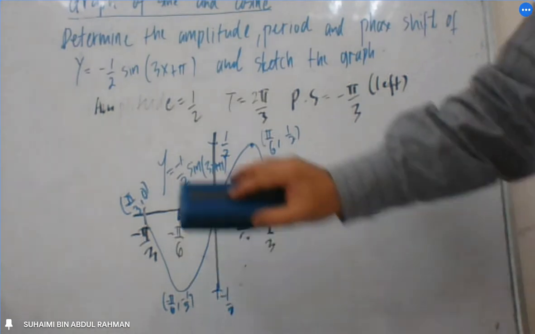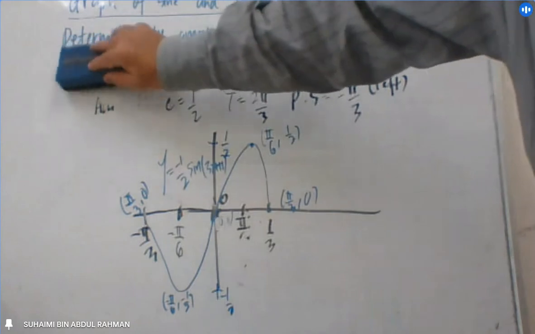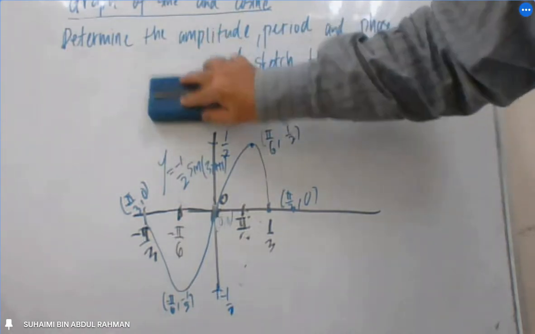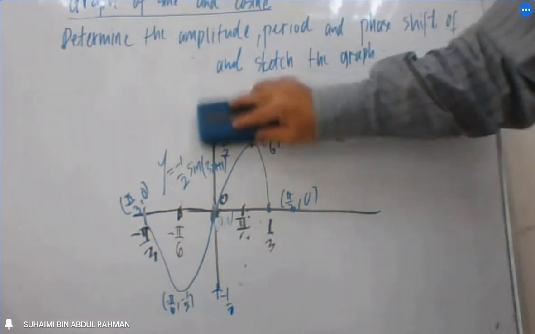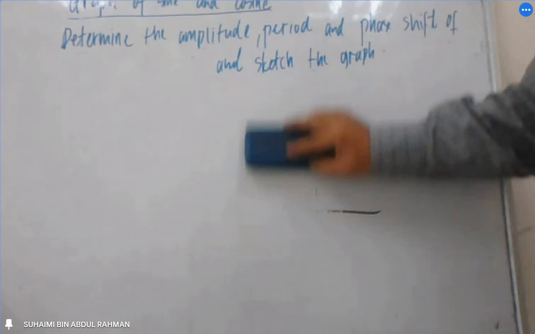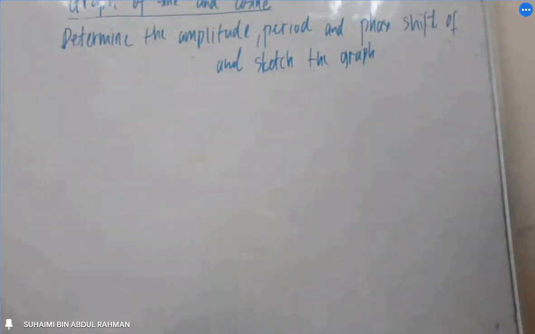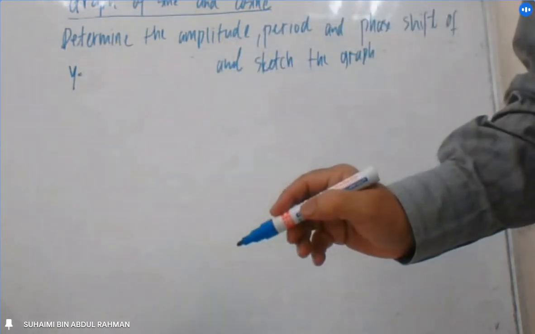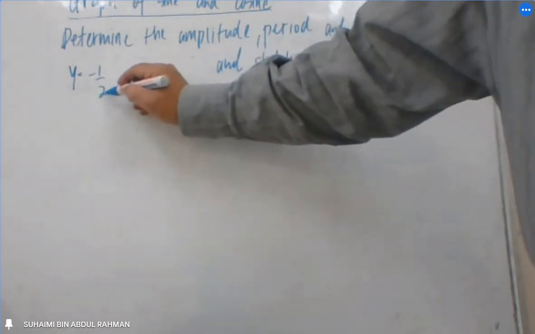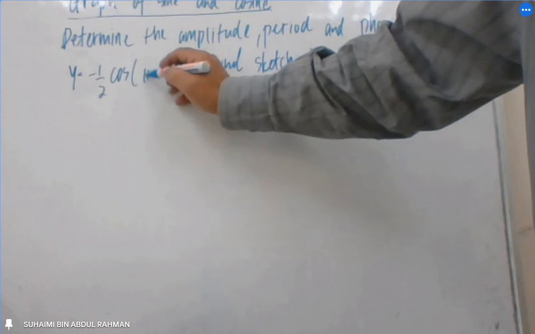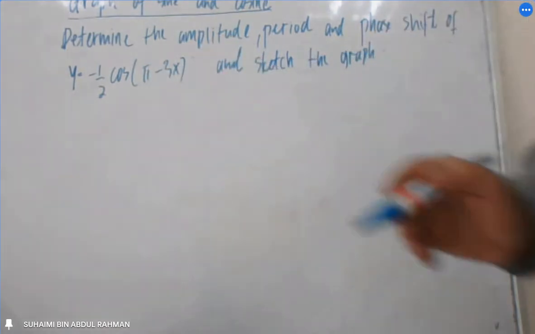Another function: y equal to minus 1 over 2 cos of pi minus 3x.